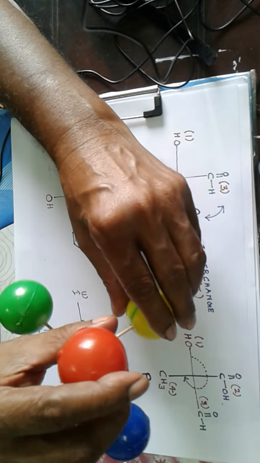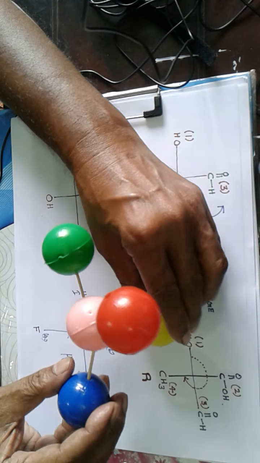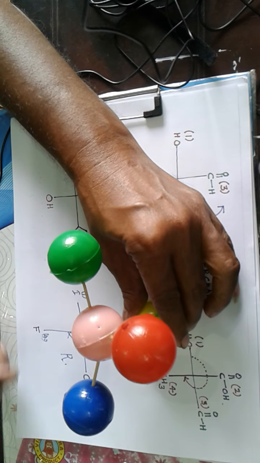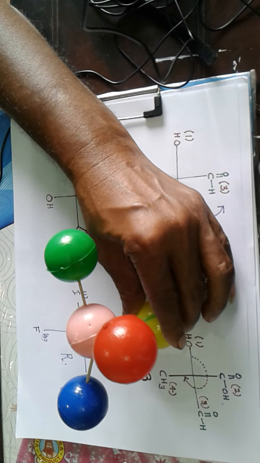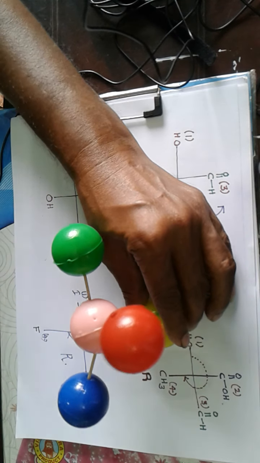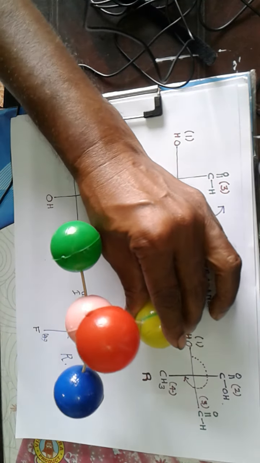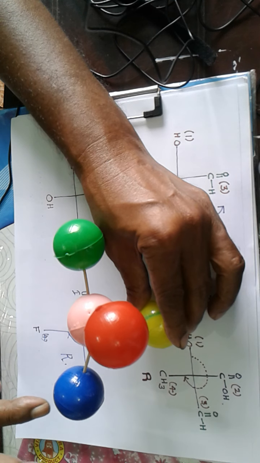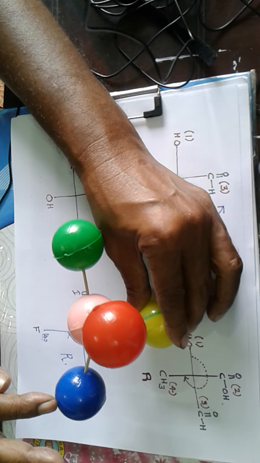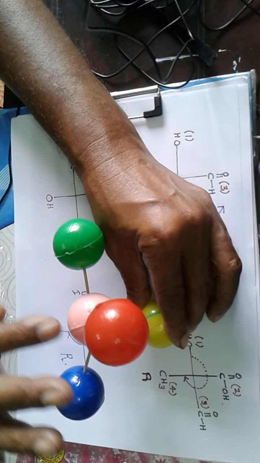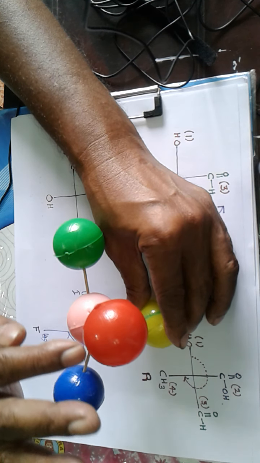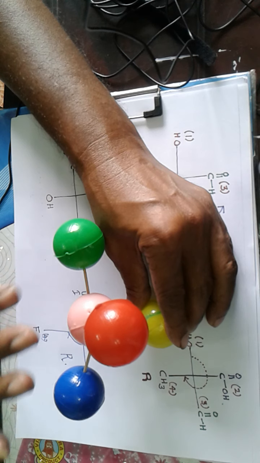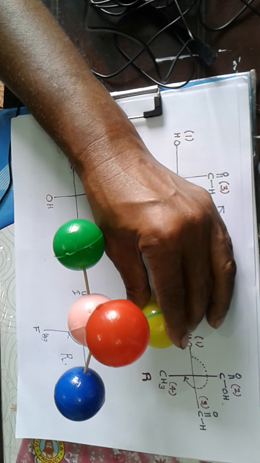Now again you hold the molecule such that the group of least priority is away from the observer, away from me. Then the order is iodine 1, bromine 2, and chlorine 3. Now the arrangement of groups is in the anti-clockwise direction, so the configuration is S.